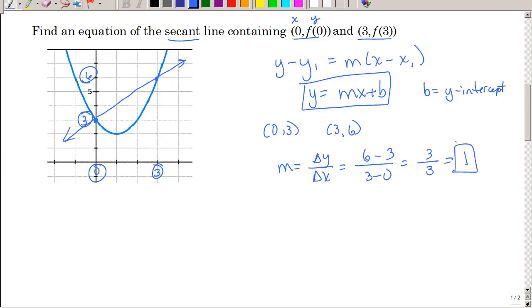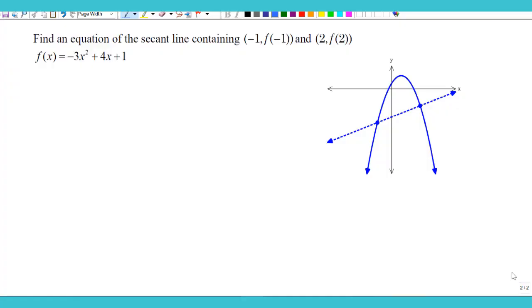So I have a slope of 1, and that looks right according to the graph. Remember, 1 over 1, rise over run, that kind of thing. So I have y equals 1 times x, and what is b? 3. So I have y equals x plus 3. That's finding an equation of a secant line. Just writing it kind of different, perhaps from how you saw it in a previous math class.